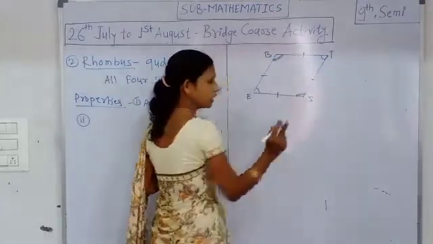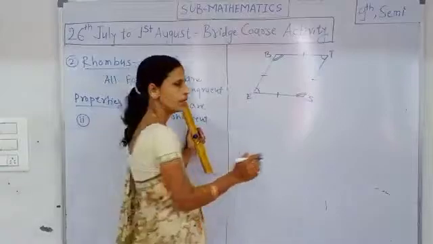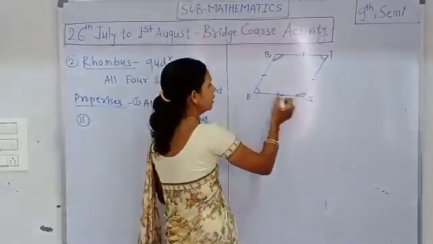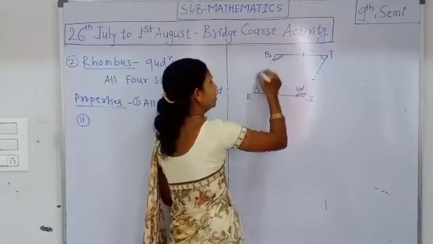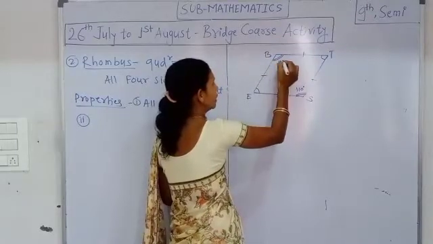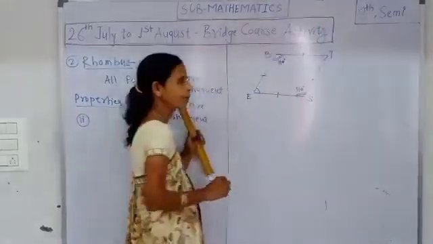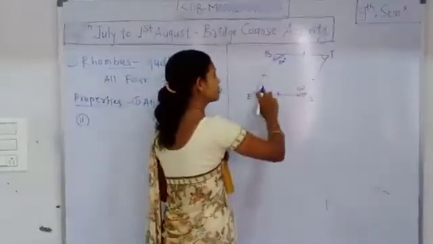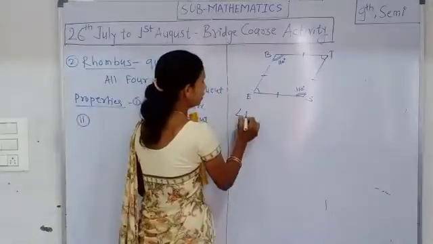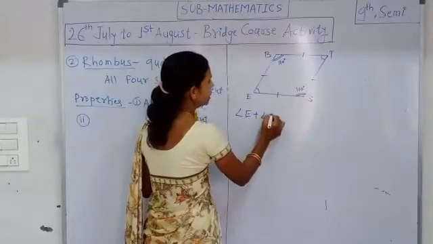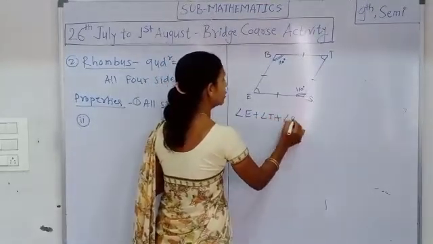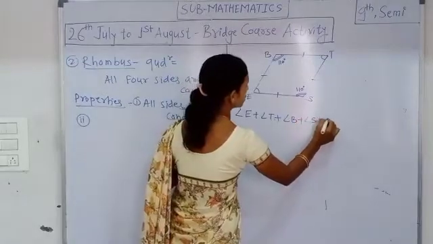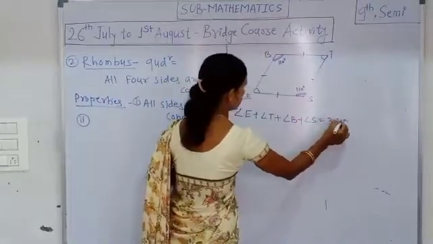That means if angle EST is 110, then angle EBT is also 110 degrees. Then for the remaining angles, angle E plus angle T plus angle B plus angle S is equal to 360.